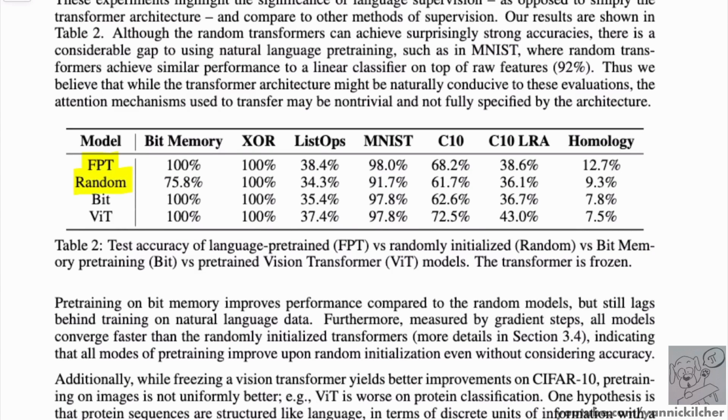The randomly initialized one already kind of underperforms throughout here. So actually not that much in these things here, but you can see on MNIST or on CIFAR10, it does not perform too well all across. The bit memory one obviously performs well in the bit memory task. That's what it was pre-trained on, but also it kind of sucks on the rest of these tasks. It's okay in MNIST.